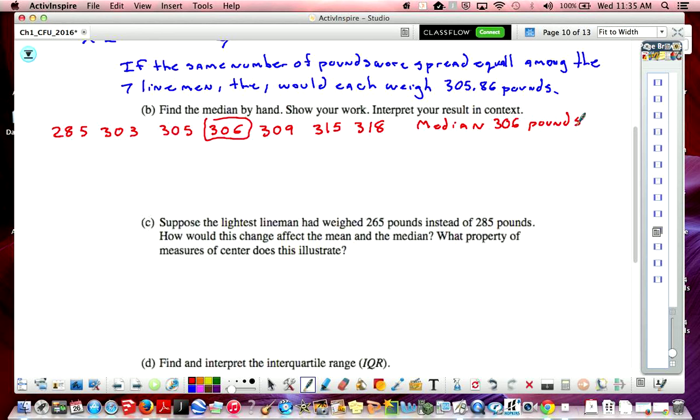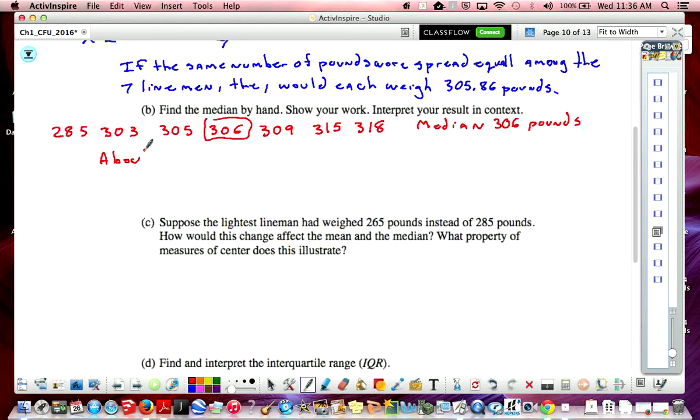Well, what does that mean in context? Well, that's in the middle. That means half of your linemen weigh more than 306 pounds and half weigh less than 306 pounds.